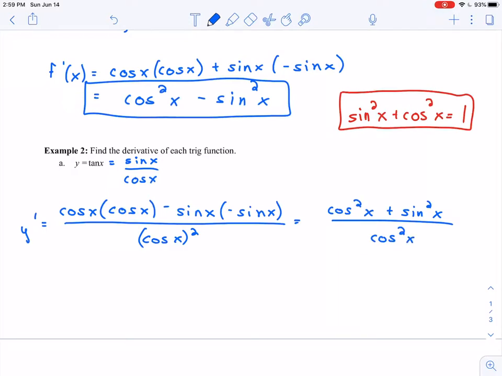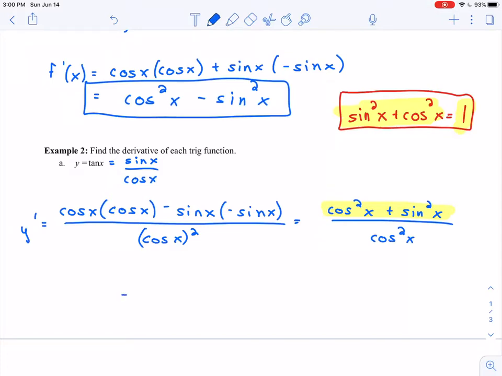And I want to simplify this now. There's a number of different ways you could do that, but I look at this, I see cosine squared x plus sine squared x. Well, that sounds an awful lot like sine squared x plus cosine squared x. So I can take that out and replace it with 1.